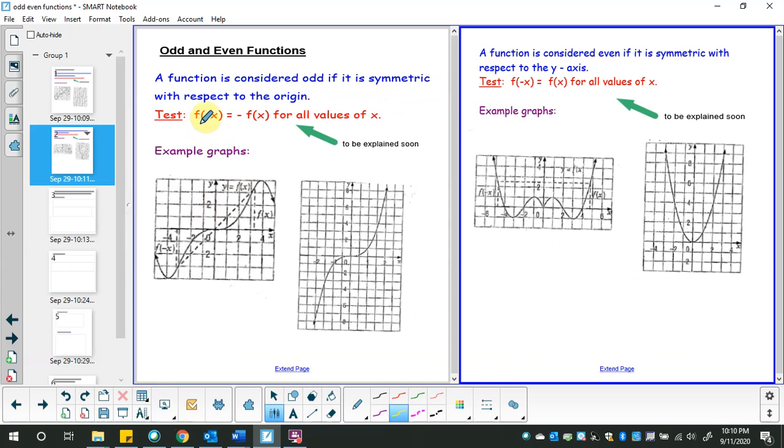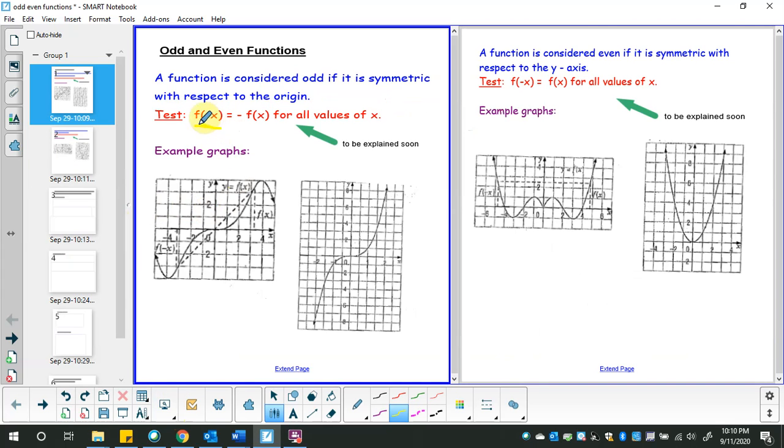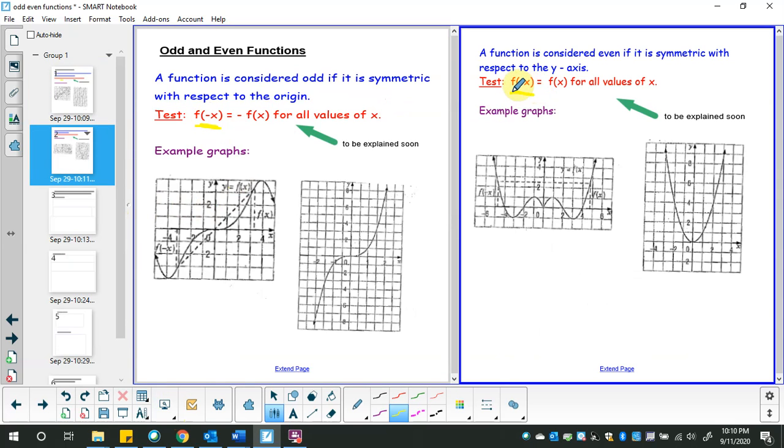Okay, good. So what I want you to notice is that the test, whether it's odd or whether it's even, is exactly the same. You're taking the equation for f of x, and instead of using x, you are going to sub in negative x, regardless of which one you're looking for.